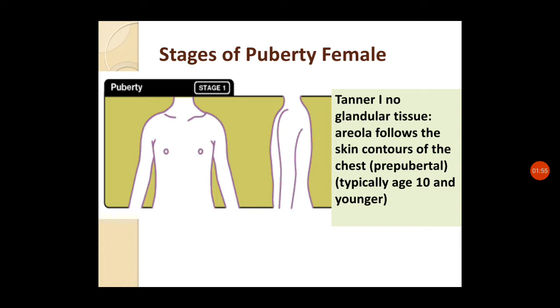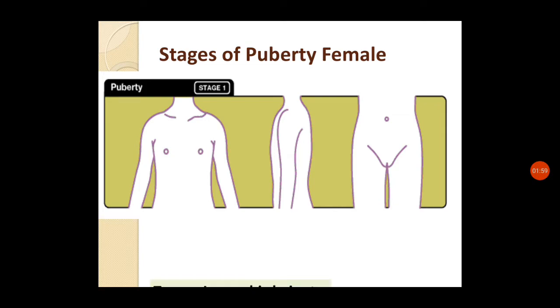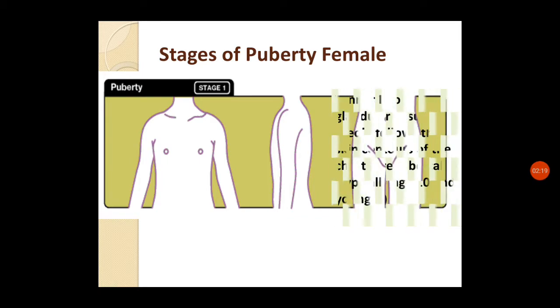That is stage 1 of Tanner. In the pubic area, there is no pubic hair at all. So this is Tanner 1: breast very flat without any elevations, no pubic hair, seen in children less than 10 years.